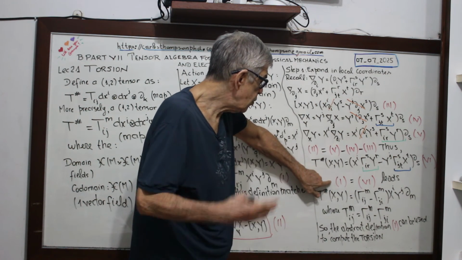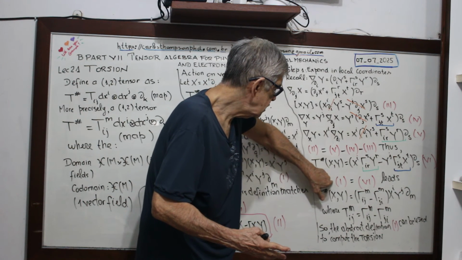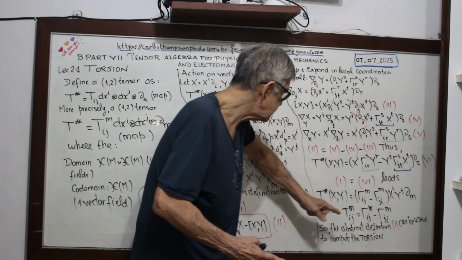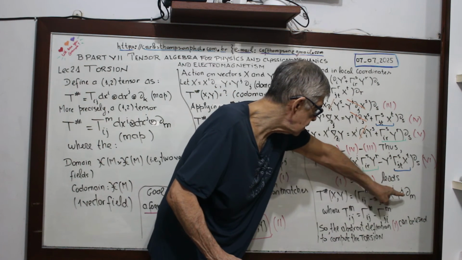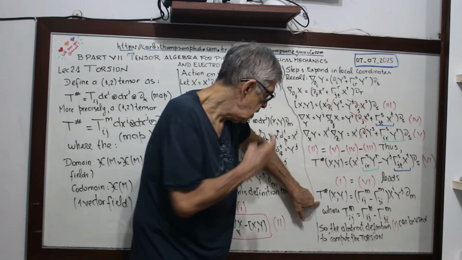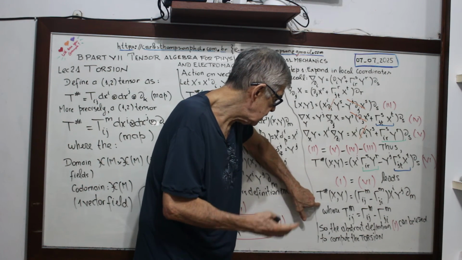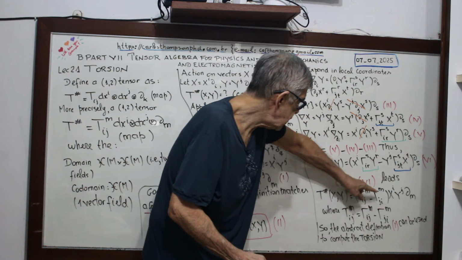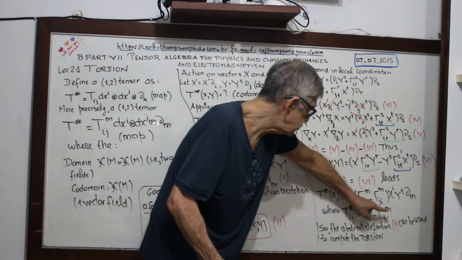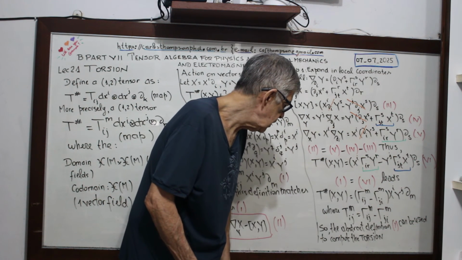Now I will match 1 and 6. This leads exactly to this very important relation. Comparing, you see that T^m_{ij} is the difference between these.